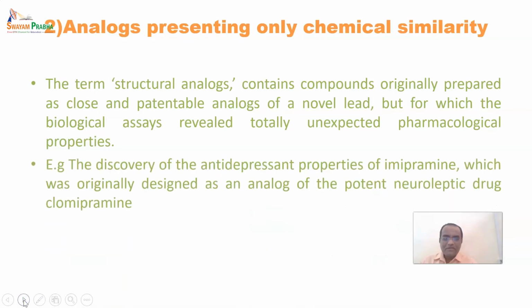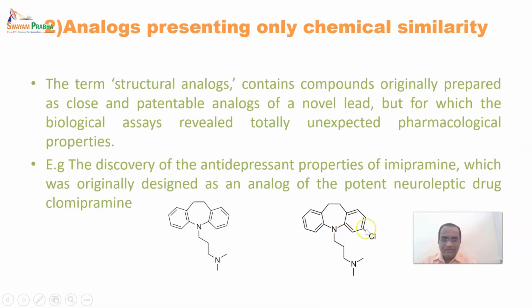Now we'll see an example of this class: the discovery of the antidepressant properties of imipramine, which was originally designed as an analog of the potent neuroleptic drug clomipramine. There is only a little difference: clomipramine has a chlorine substituted instead of a hydrogen on this aromatic ring.